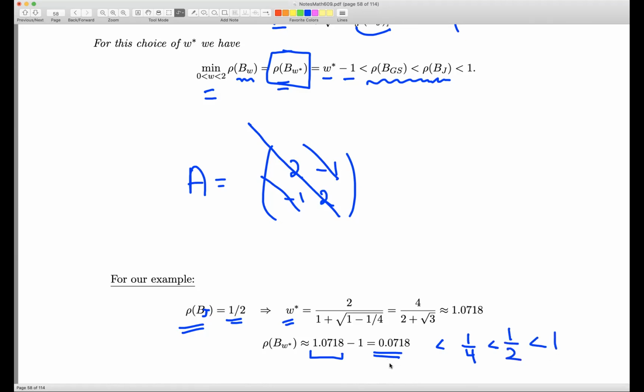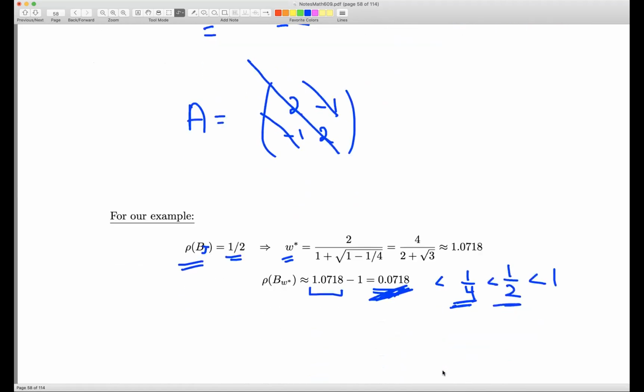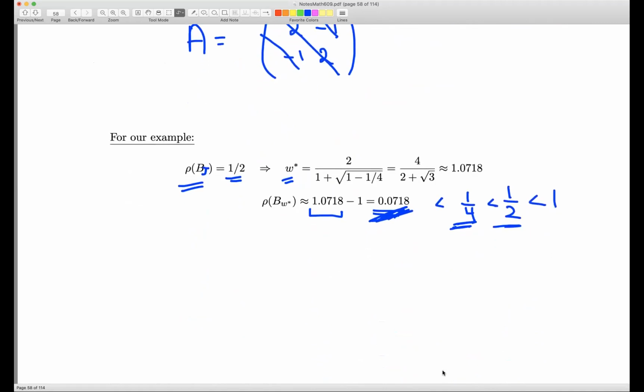And therefore, with this value of the parameter, we will have a convergence much faster than the Jacobi, or much faster than the Gauss-Seidel method.